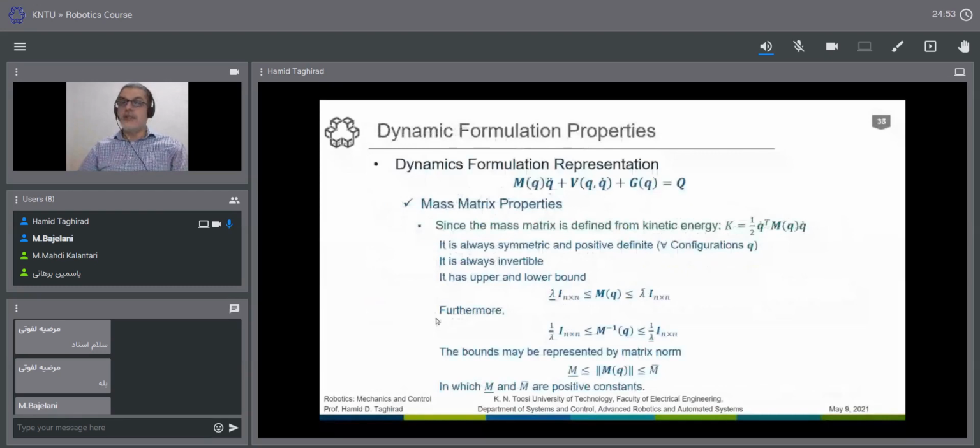As we mentioned, for any serial manipulator, the dynamic equation can be written in the form of M(q) q double dot, the mass matrix, plus V(q, q dot), the Coriolis and centrifugal vector, plus G(q), the gravity vector for the system, equal to Q. Q is the actuated force minus the friction forces applying to the system.